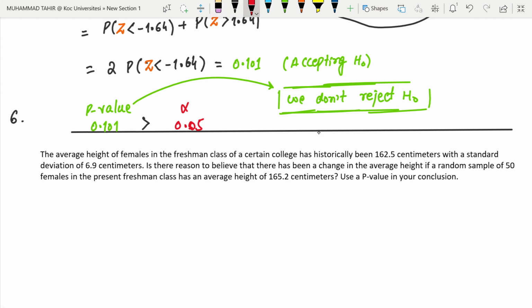Solve this question by yourself. The only hint I can give is that alpha is not given here. So what alpha will you assume in step 3? The rest is all the same. As I just told you, if the level of significance is not given in the question, it is 0.05.